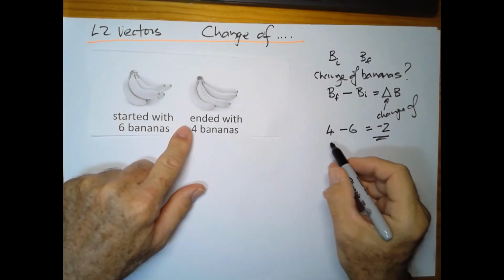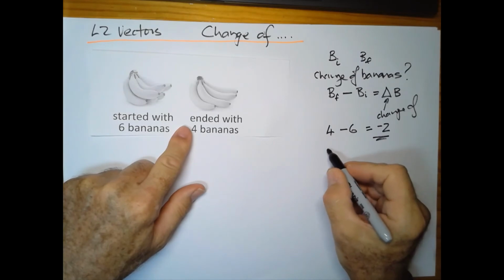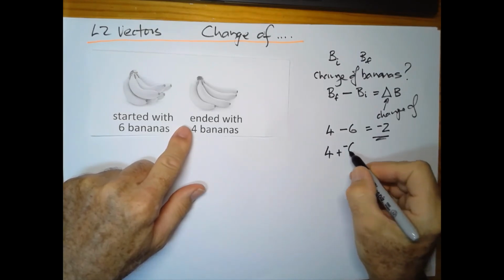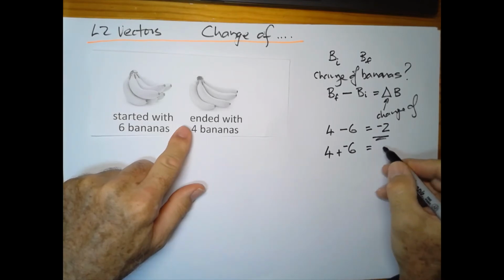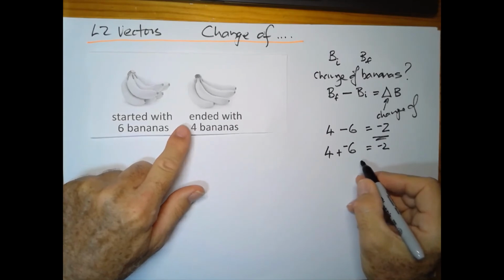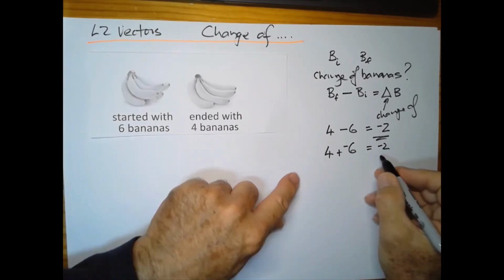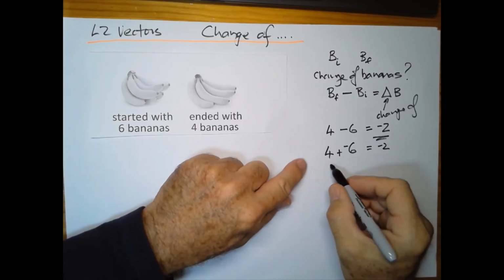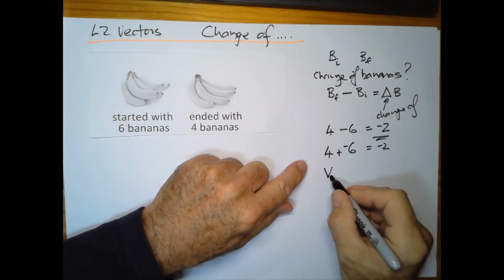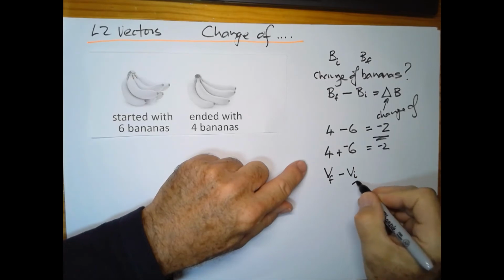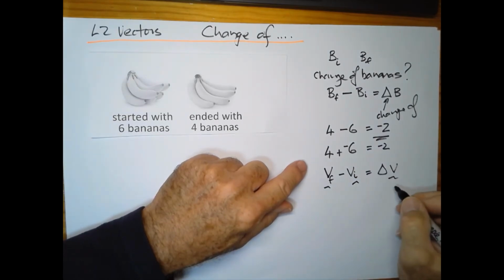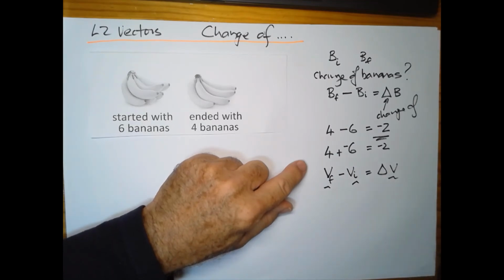We can also write this as we've just done before: 4 plus negative 6 is equal to negative 2. And we're going to use this for our change of vector. So we're going to say the final vector minus the initial vector is equal to the change in that particular vector. And we'll look at a couple of examples.